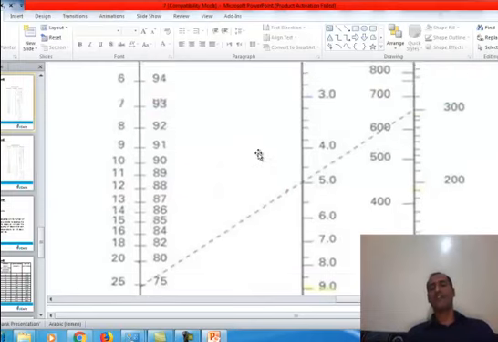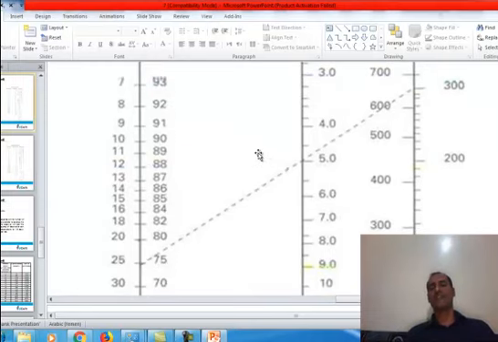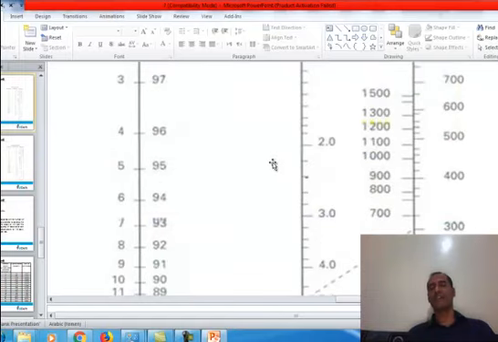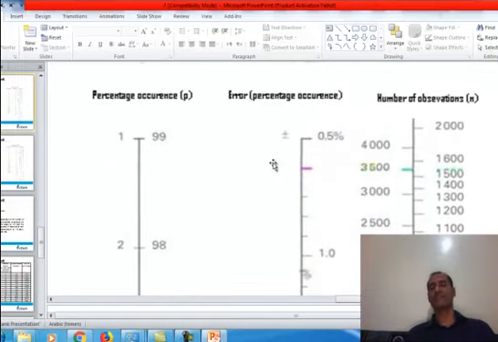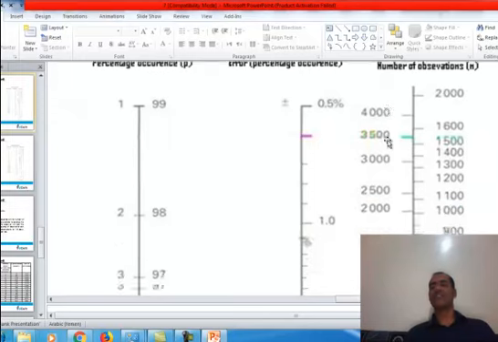The middle line represents the error, the error percentage occurrence, and the third line represents the number of observations.